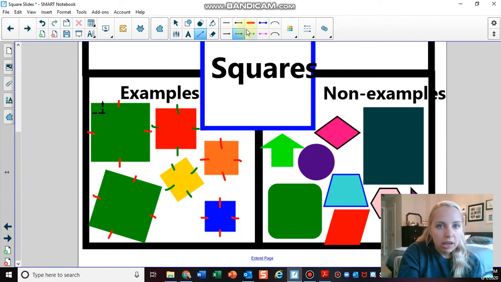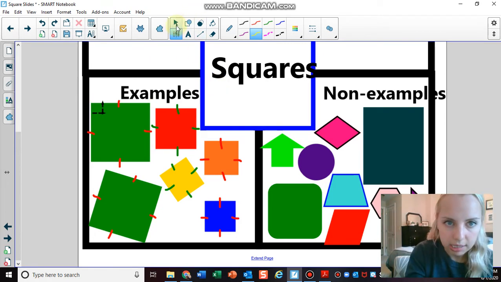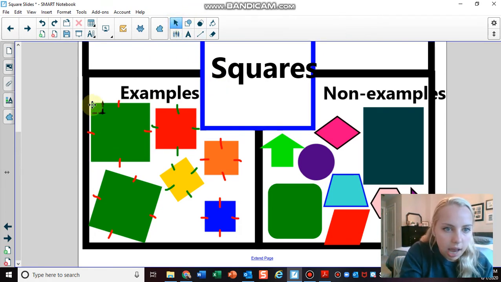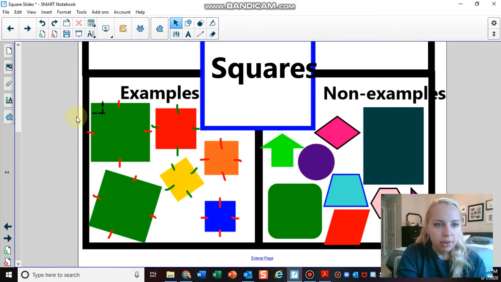And remember, an angle, I'll use my yellow pen to show you, are the corners of our shapes, right? Basically, an angle is where the sides meet. So you can see here's this side, and they meet right here at this right angle. That's perfectly square. If you can see me on the bottom right of your screen, I'm showing you with my hands a right angle. Okay, so all of these angles are right.